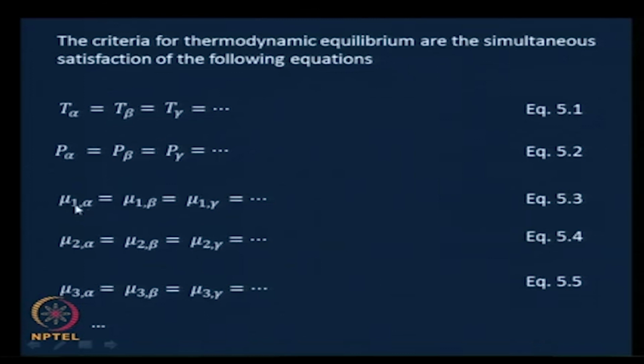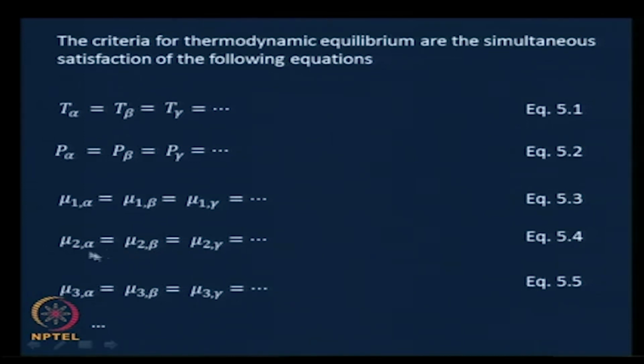For example, if mu 1 is the chemical potential of species 1, mu 1 in alpha must equal mu 1 in beta, must equal mu 1 in gamma and so on across all the other phases that are present. Mu 2, the chemical potential of species 2 in the alpha phase, must equal mu 2 in the beta phase, must equal mu 2 in the gamma phase and so on.